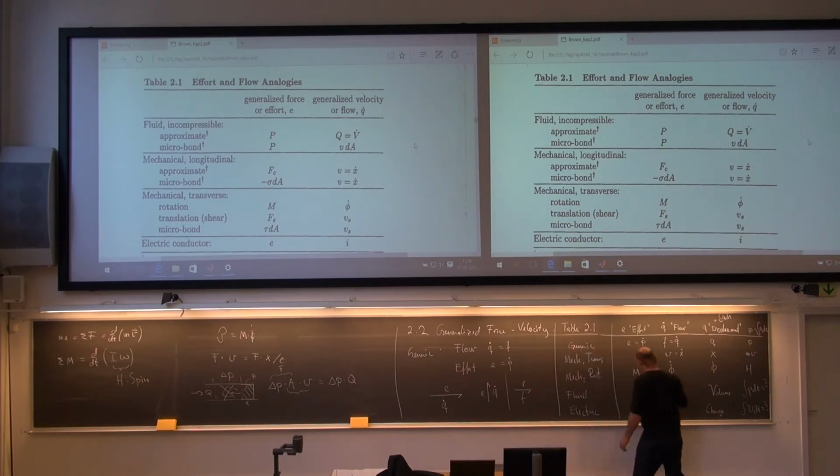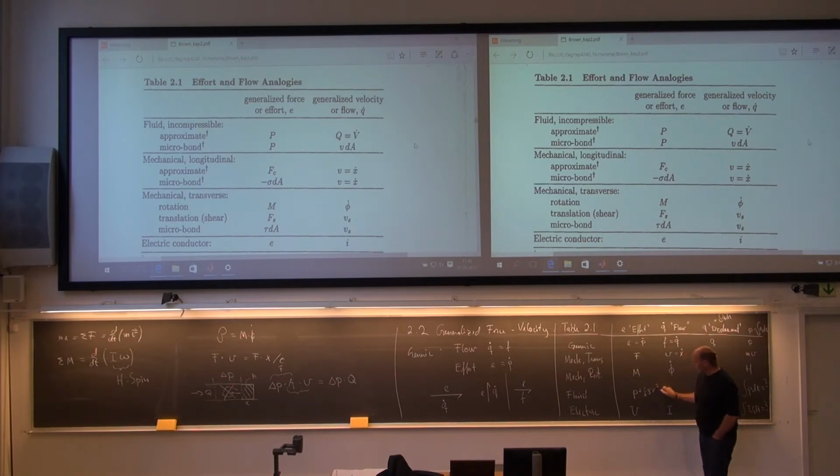Maybe we want to have the dynamical pressure here as well. So that's an option. But in general, we skip this one. Normally, it's the pressure that is important. The dynamical pressure doesn't change much in the system, so normally we forget this one. But just be aware, it might show up.